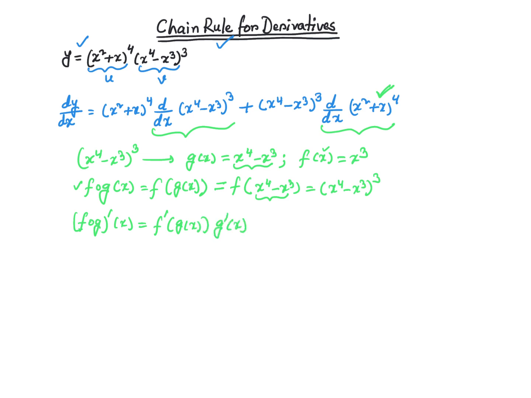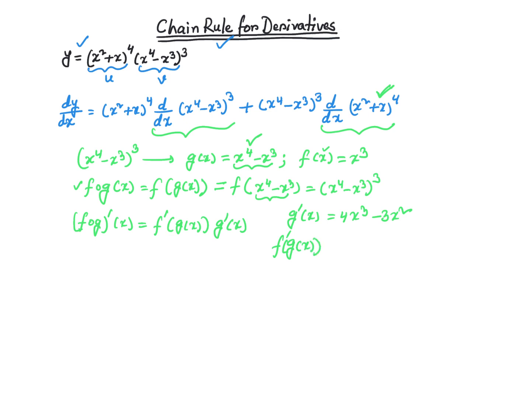And we can easily do that. g prime of x is very easy. g prime of x is the derivative of this, which is 4x cubed minus 3x squared. Then we need to find f prime of g of x.